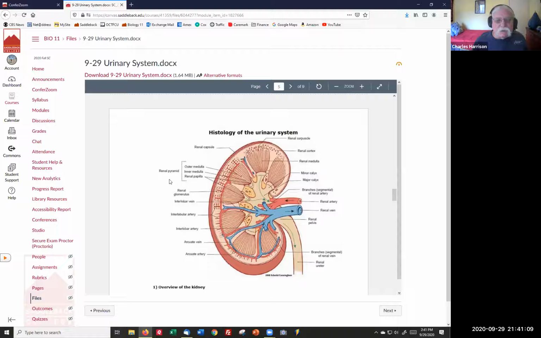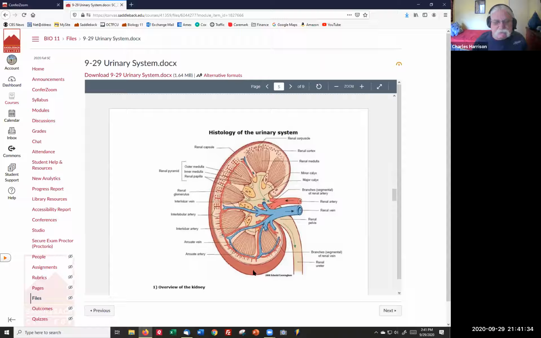Okay, on this diagram, renal pyramids are shown here. You don't have to know any of this outer, inner, and renal papilla. The renal capsule, that's a good term. It's a very thick, fibrous capsule that protects the kidney from damage.